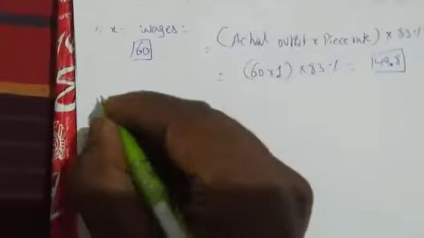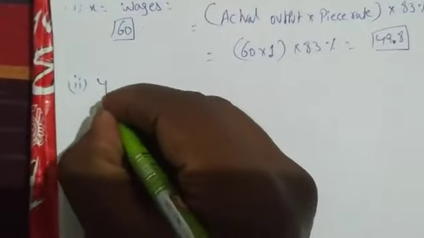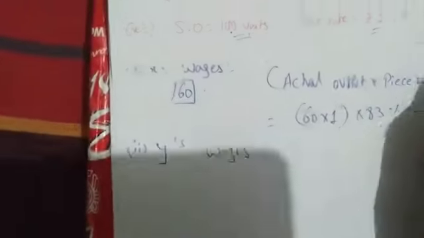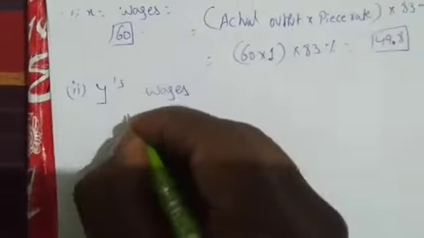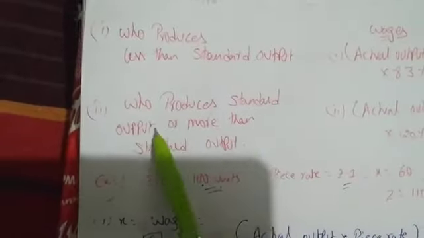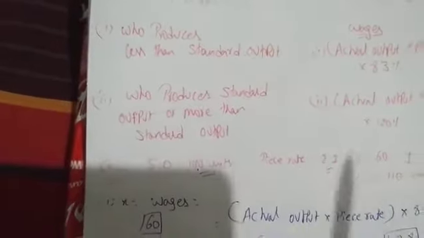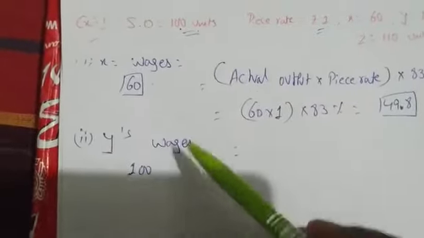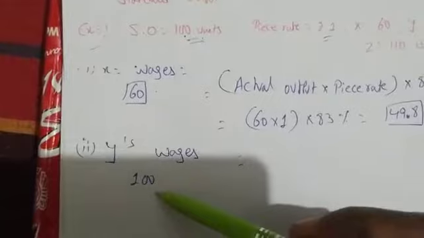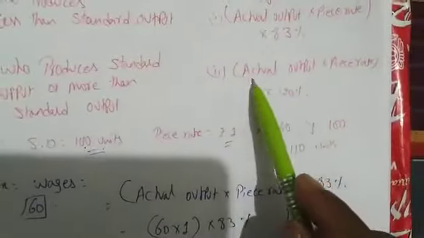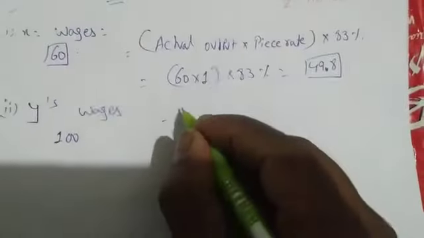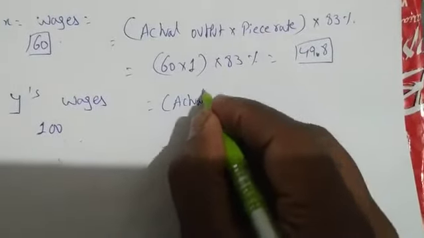Next, Roman number 2: Y's wages. Y is producing how much? 100. So what are we saying? Who is producing exactly standard output or more than standard output? Is he producing standard output? Yes, the same standard output. So for that person, the formula is actual output into piece rate into 120%.